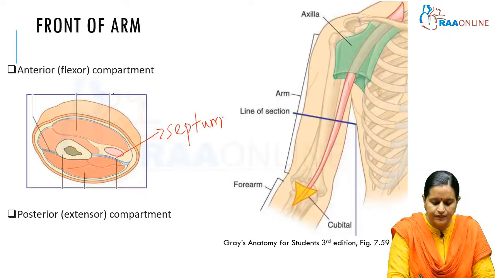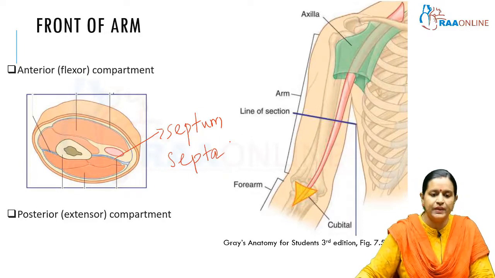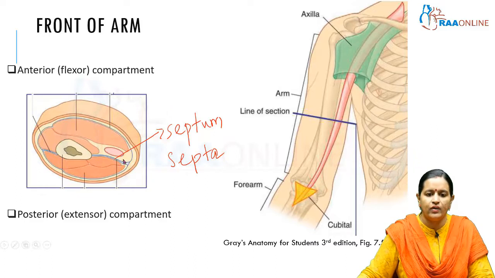The humerus along with the medial and lateral intermuscular septa divides the arm into an anterior compartment and a posterior compartment.